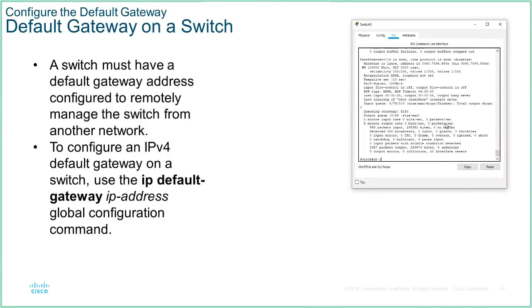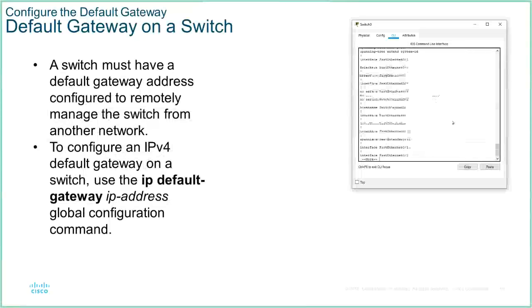So if we do a show run, there's 24 fast Ethernet switch ports and 2 gigabit Ethernet ports and a VLAN.